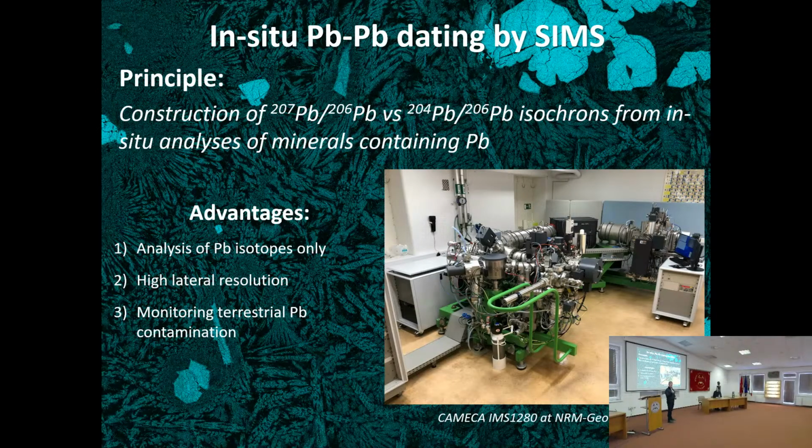Okay, in detail. The principle is the construction of a 207 lead versus 204 lead isochron using in situ measurements of minerals containing lead. So this is an image of the ion probe housed by the Museum of Natural History in Stockholm.